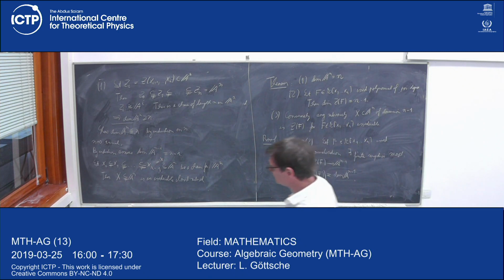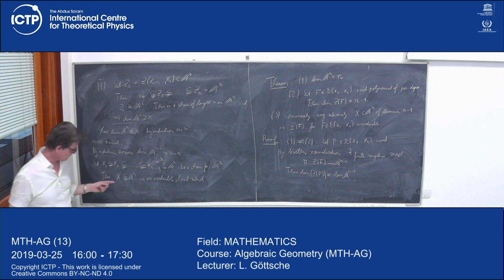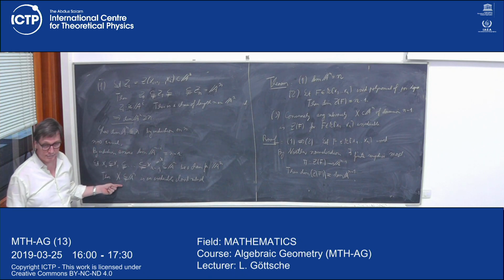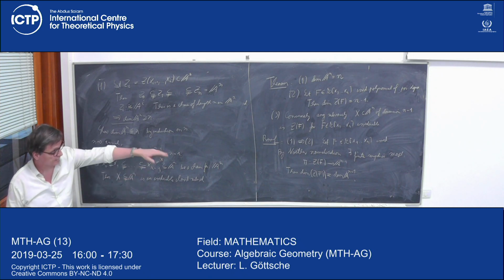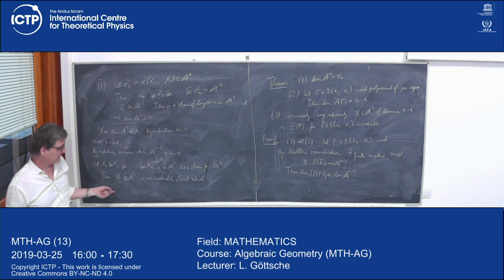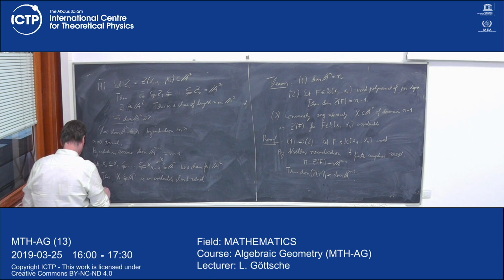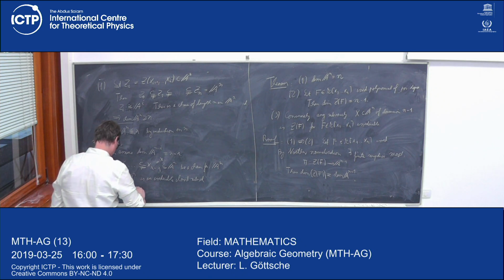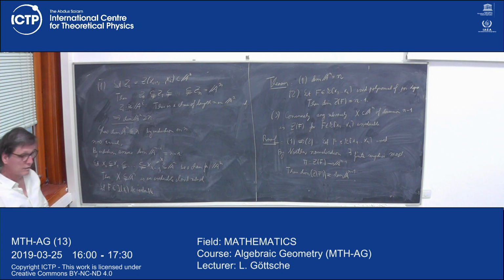So we again can take an equation for it. So we take an f which lies in the ideal of X, which gives us a hypersurface. So we want to somehow use hypersurfaces. And again, as the ideal of X is a prime ideal, we can take an irreducible polynomial f in the ideal of X. Okay, which also implies it's not zero.